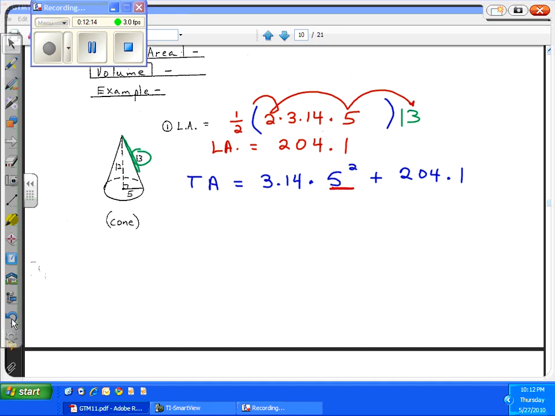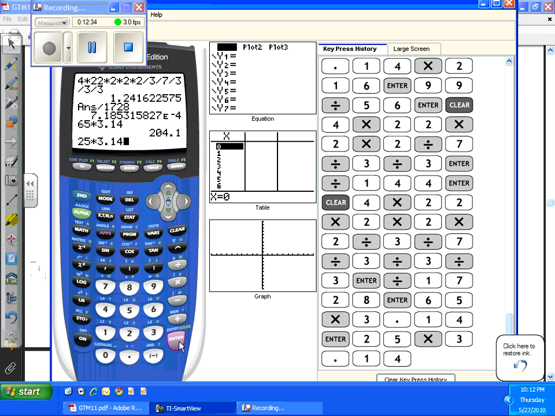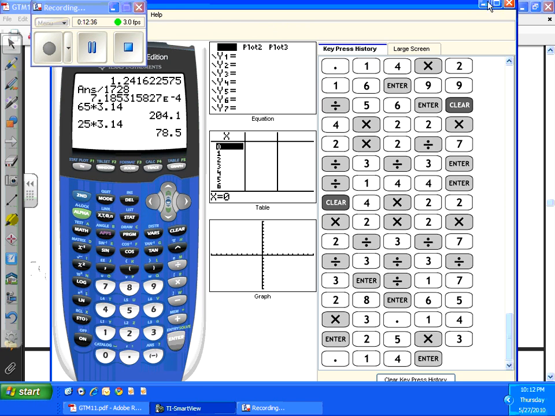So we're going to go 5 squared is 25. 25 times pi is 78.5. Maybe I'll double check that. I'm not trusting myself. 25 times pi. Good.